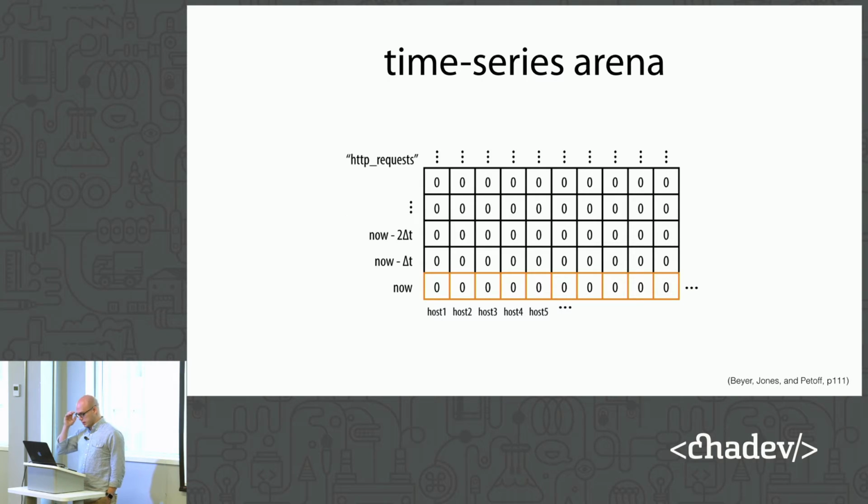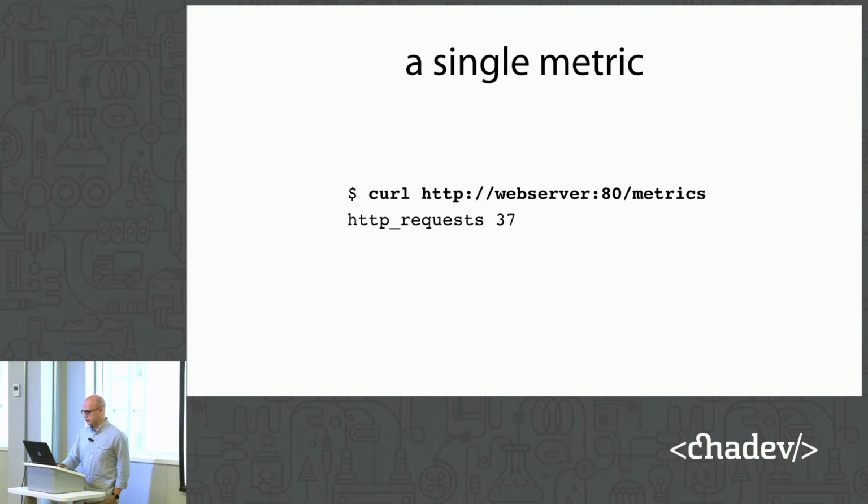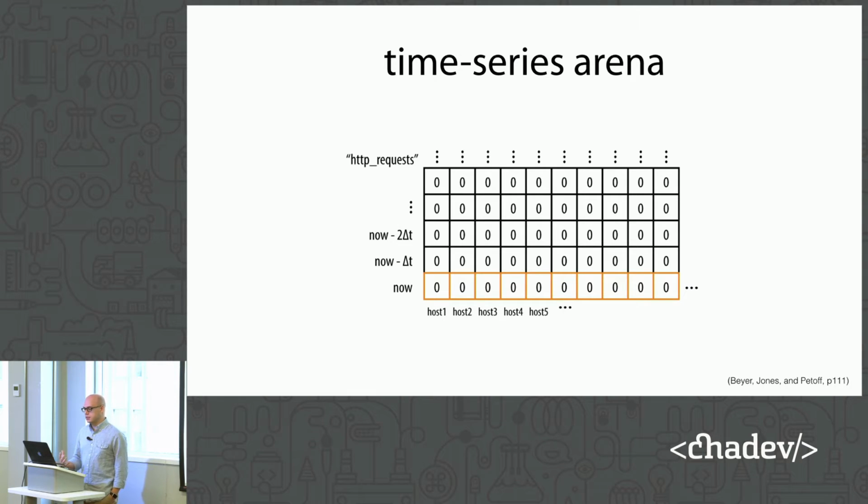So let's talk about this one data point a little bit more first. When we talk about time series data, we're really just talking about dimensions of data storage. That previous HTTP requests parameter we saw, this is what we're going to call one time series for just HTTP requests. And we store it basically in 2 dimensions.